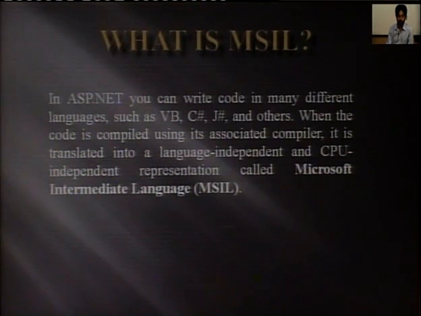Once again, let me repeat: what is the MSIL? ASP.NET code can be written in many different languages such as Visual Basic, C#, and others. When the code is compiled using the associated compiler, it is translated into a language independent, CPU independent representation called Microsoft Intermediate Language.